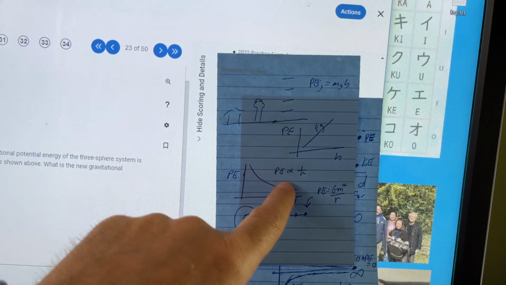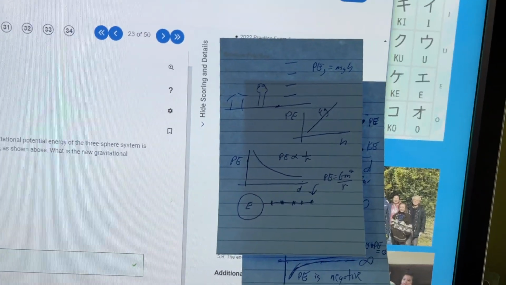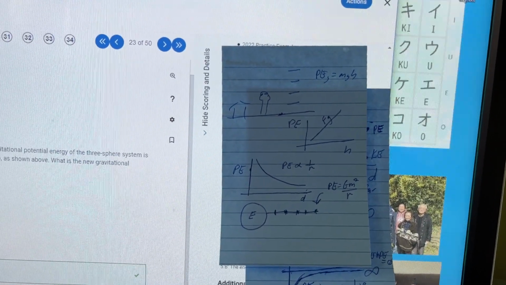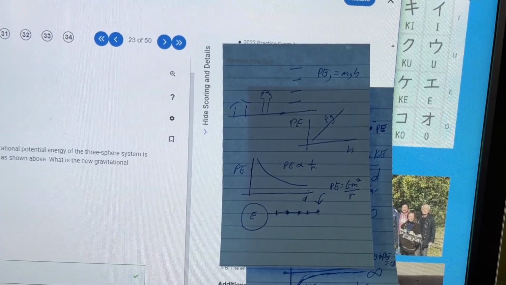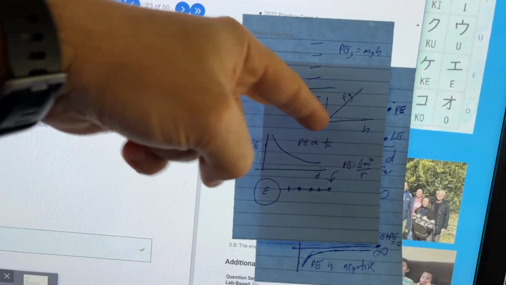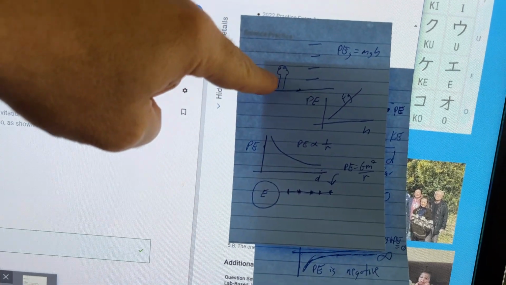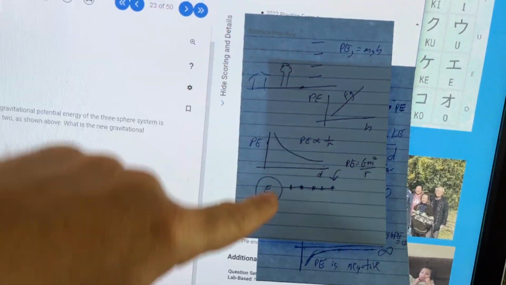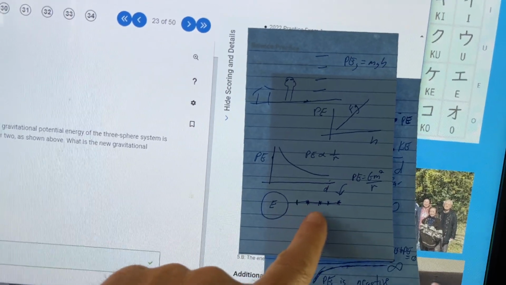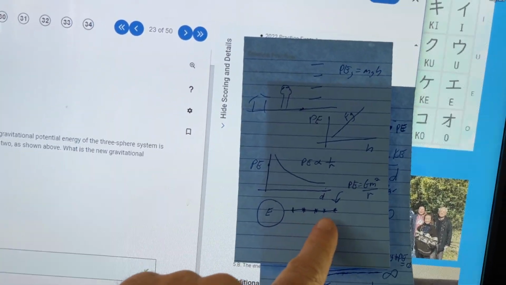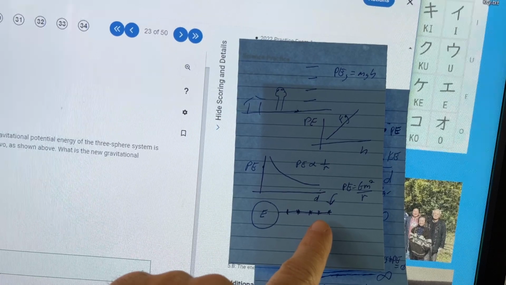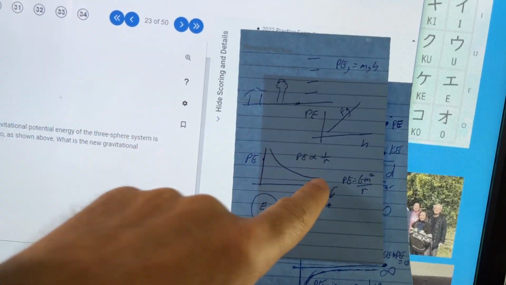So the graph would look like this. Okay, that makes sense to me, but everything is still positive. So this is a straight line because we're saying that the gravitational field strength isn't changing, but you get far enough away where the gravitational field strength is changing, and now it's going to look like this.